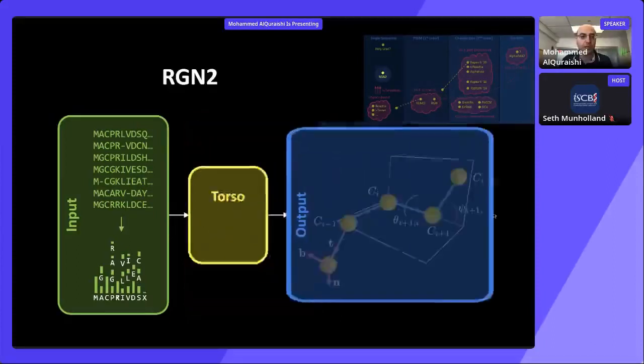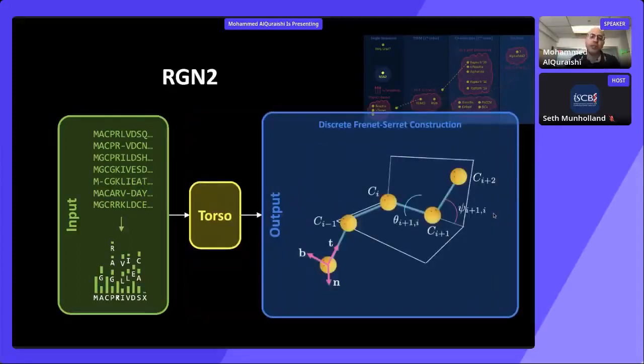So let me tell you about this new version now. First, we reformulated the geometric piece to work differently, to use what we're calling a discrete Fourier construction, which focuses on the C alpha atoms and describes them using relative reference frames that relate one to the other.